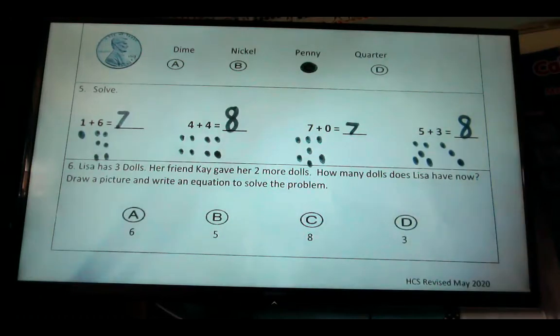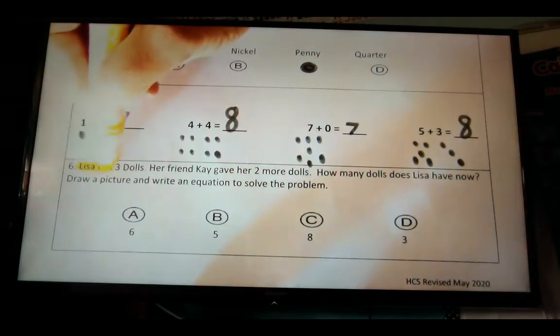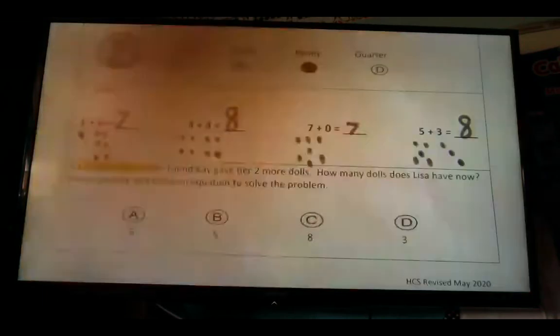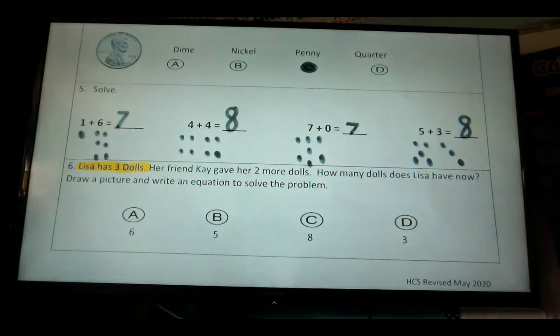All right, this is some private think time. How many dolls did Lisa start with? Show me with your fingers. That's right. Lisa started with 3 dolls.